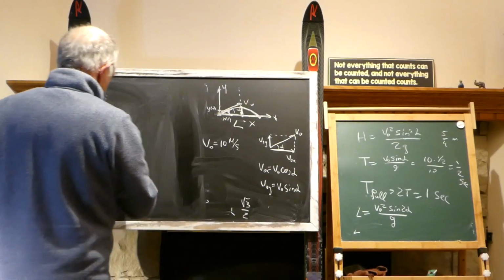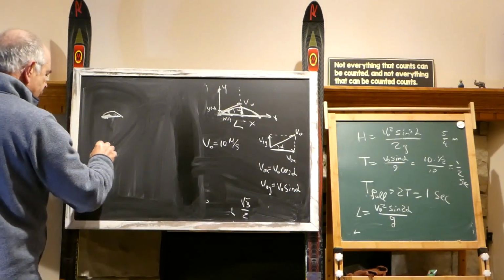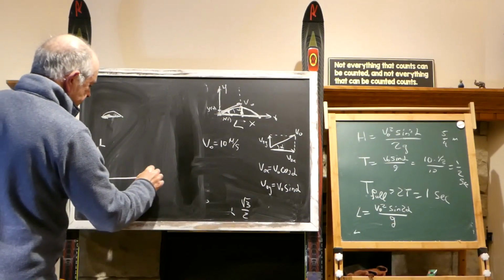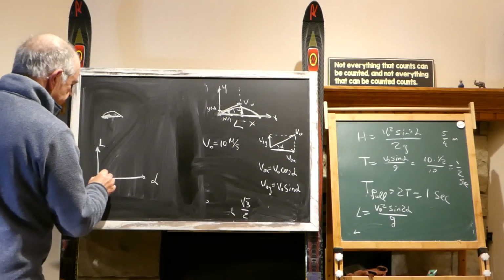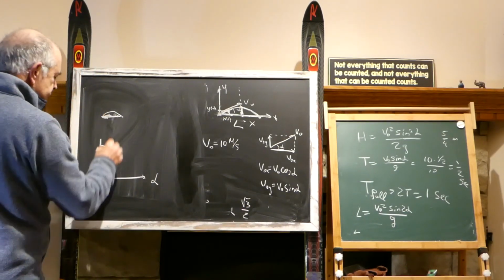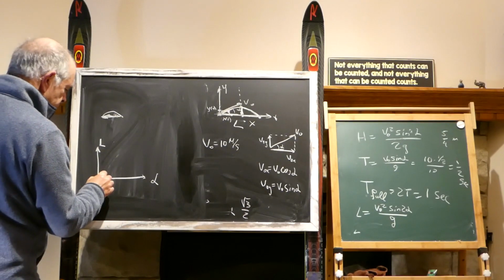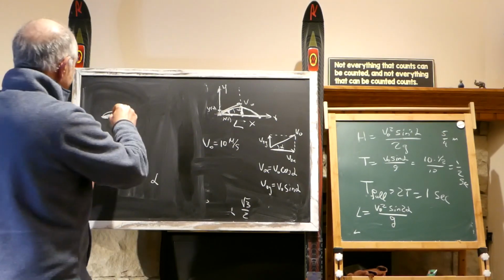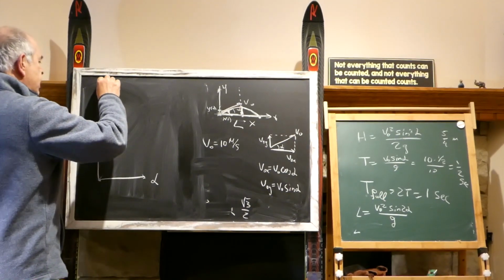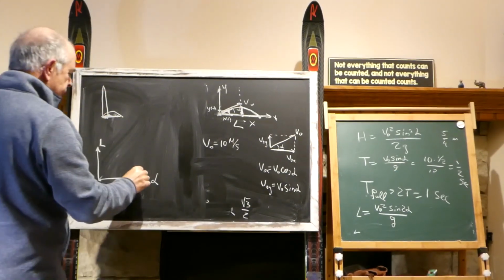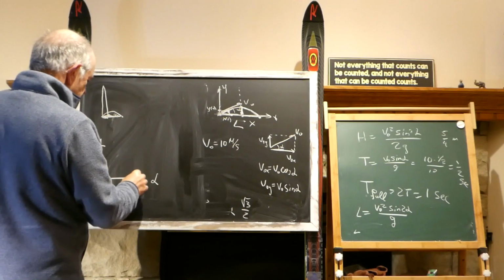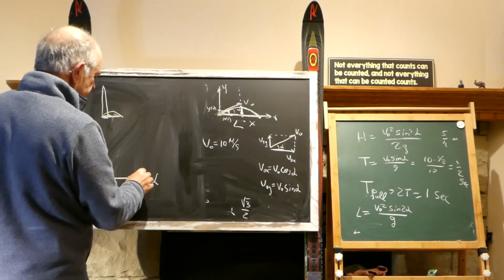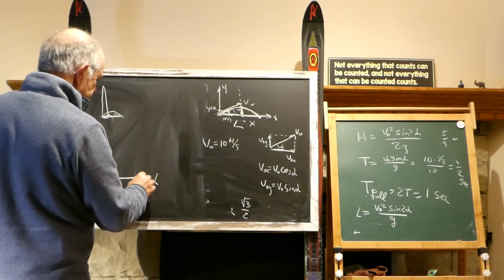So if we draw this L, how it depends on this angle alpha, if alpha is 0, L is 0. But then it grows a little bit. Now let's go from another end. If we throw it vertically, it will come back like that. Again, it would be very close to 0 at 90 degrees.